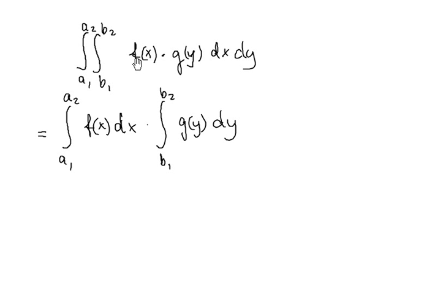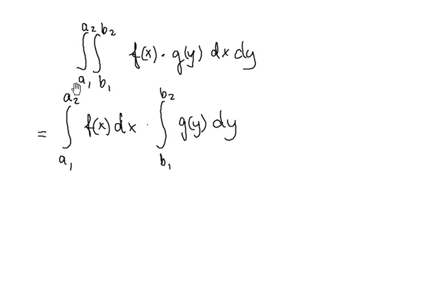Before we continue with one example, let us recall the following. If we have a double integral of this form, where the integrand is a product of a pure function in the first integration variable x and a pure function of the other integral variable y, then this integral can be computed in the following simple way.